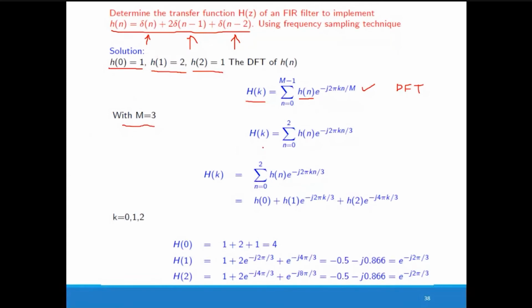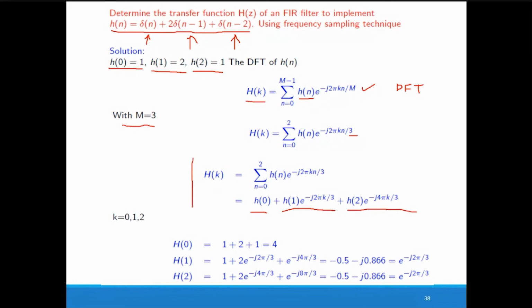So now we get H of k as the summation from n equal to 0 to 2 of h of n e raised to minus j 2 pi k n divided by 3. When you expand this equation, H of k is equal to h0 plus h1 e raised to minus j 2 pi k by 3 plus h2 e raised to minus j 4 pi k by 3.